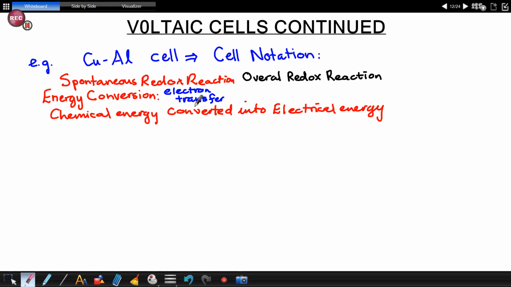What makes a galvanic cell? Good question. Let's build a voltaic cell. Let's say this is aluminium. And we place it into an electrolyte.